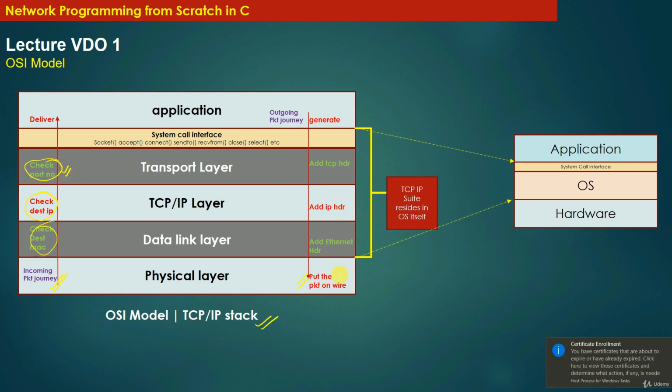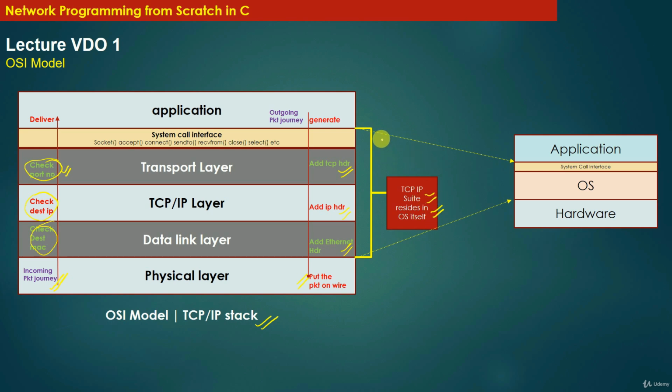And in the outgoing packet journey, each layer appends its own header. The thing to note here is this bracket in yellow: all these layers are part of the operating system, and all these layers combined together are called the TCP/IP suite.